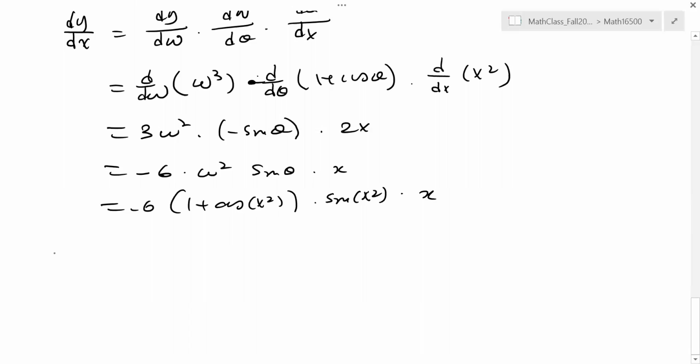Anyway, so here's the notation, right? When we say dy dx, this is actually the derivative of y with respect to x. That's our notation.